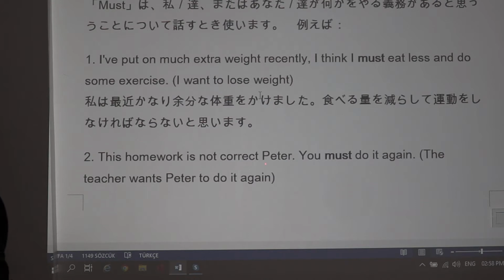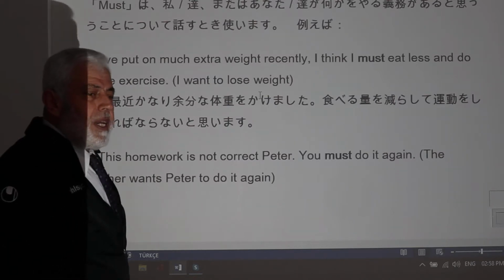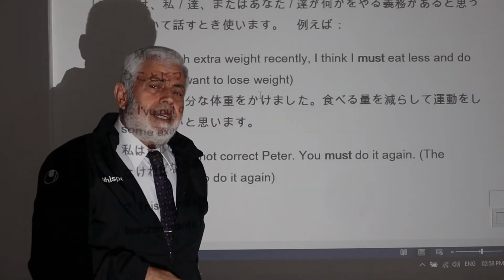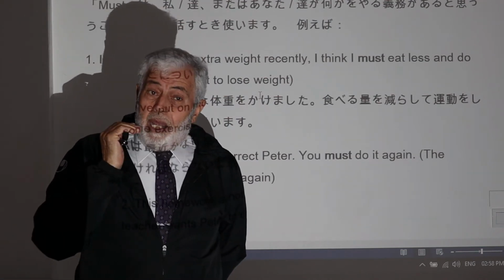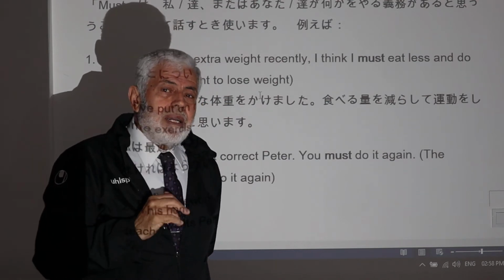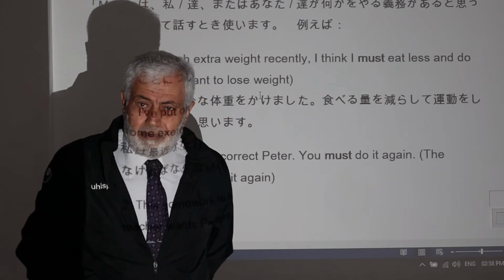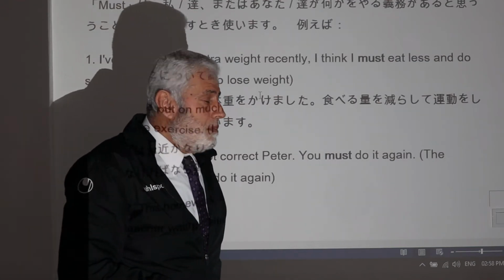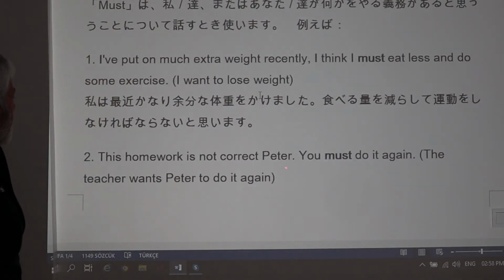This homework is not correct, Peter. ここの場合は先生は生徒と話しています。You must do it again. この宿題の答えは合ってないの、ピーター。あなたはもう一回やらなきゃならない。やっぱり先生はやらせる立場にあります。やらせる立場があれば、相手に You must を使います。先生、それとも課長、部長、こういう人たちなどです。So this homework is not correct, Peter.